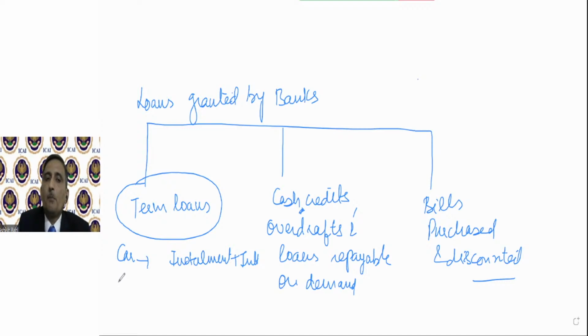When a business purchases machinery and takes a loan from the bank for the purchase of machinery, again it is a kind of term loan. Or a company wants to build its plant building. It wants to invest rupees 5 crore for construction of the building. So it approaches the bank and the bank sanctions rupees 3 crore of loan against the building. It is also an example of a term loan.